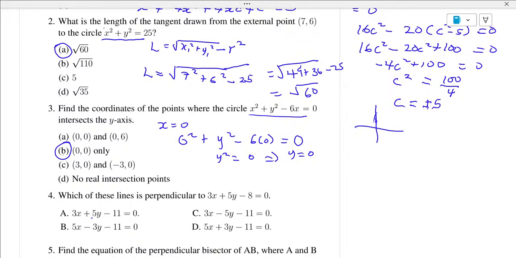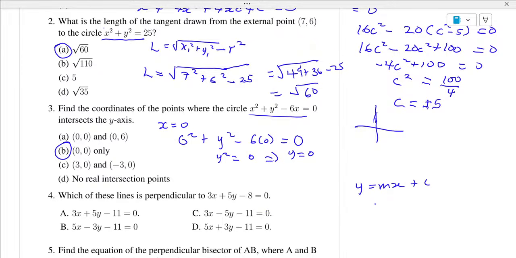So we find the gradient of all the lines that we have, and then we solve. To find the gradient, we just use the general form, which is y equals mx plus c.